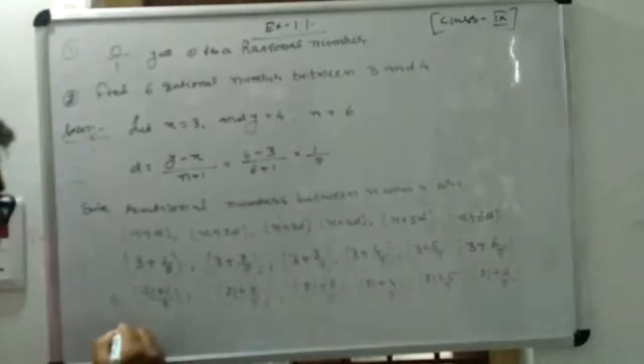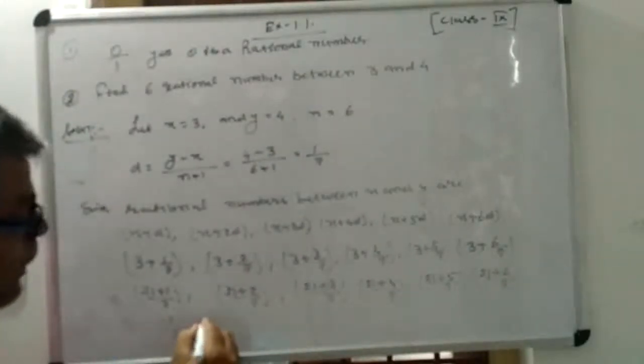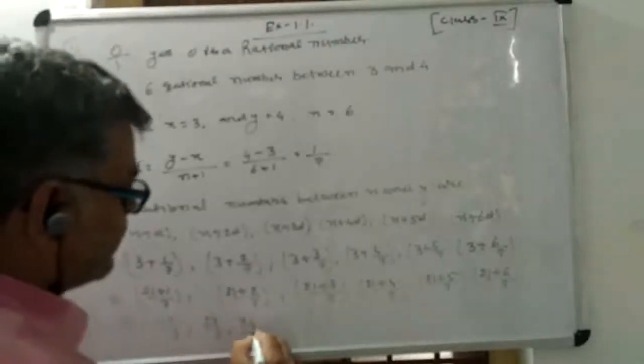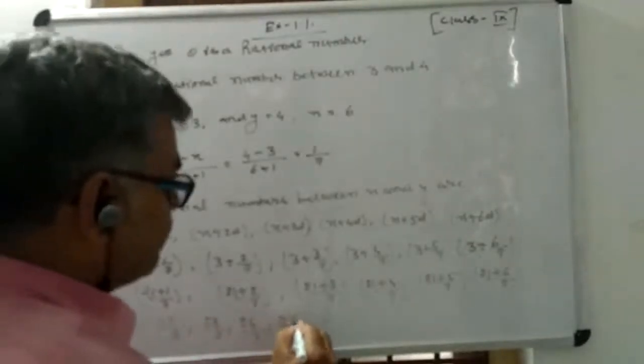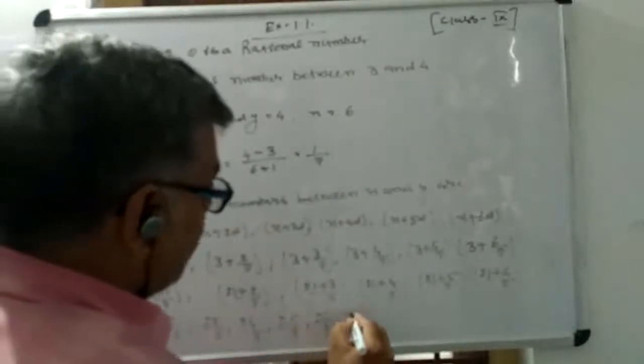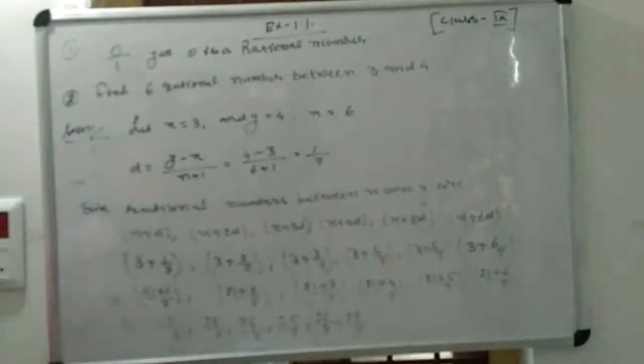So when you add it all, you will have 22 by 7, 23 by 7, 24 by 7, 25 by 7, 26 by 7, 27 by 7 are the 6 rational numbers between 3 and 4.